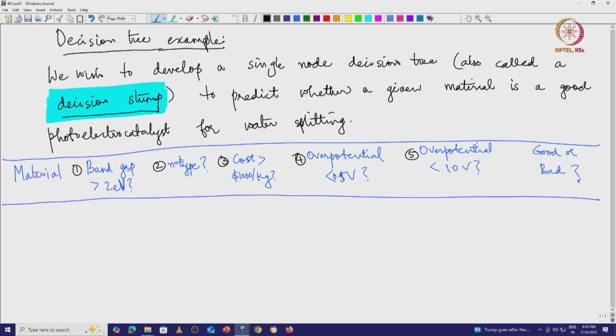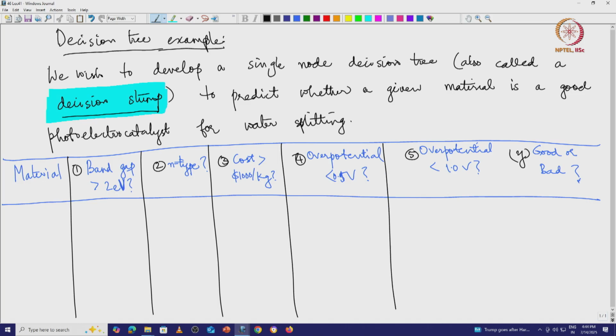So there are 5 features for every material, and there is one target variable y hat that we want to predict, and of course these are the true values here. So we are writing y here. Okay. So this is the table that we are trying to create, and based on this table we want to train our machine learning model.